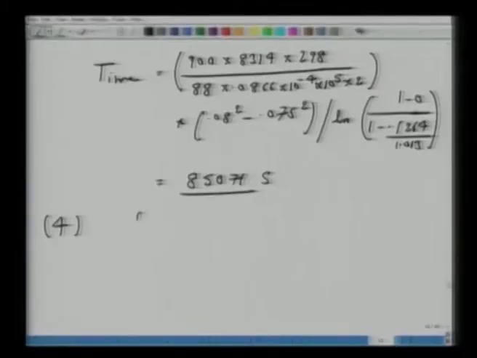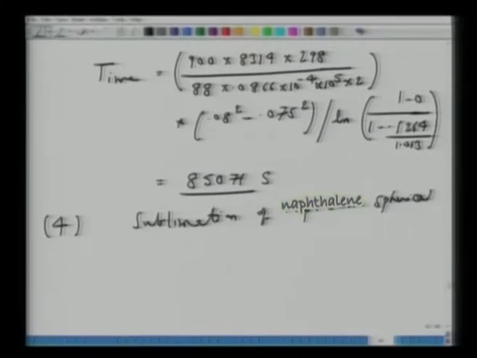So let's go back to example 4, which is also very popular: sublimation of a naphthalene spherical ball. So we have a naphthalene ball like this, spherical. It's given that to start with its weight is 4 kg.